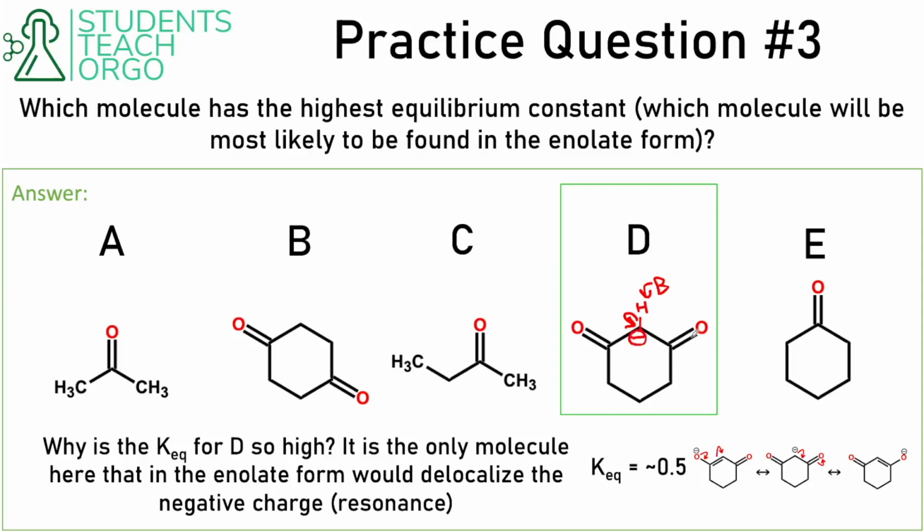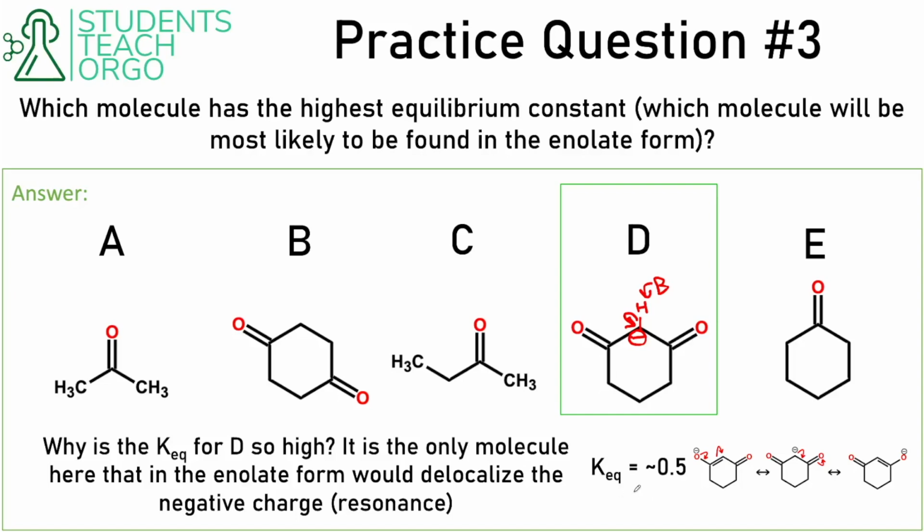This negative charge could be on that carbon, it could be on that oxygen, or it could be on the oxygen on the other side. So that negative charge is delocalized between 3 atoms, and that resonance is going to stabilize that enolate form a lot and make it much more likely that that molecule will be found in the enolate form.